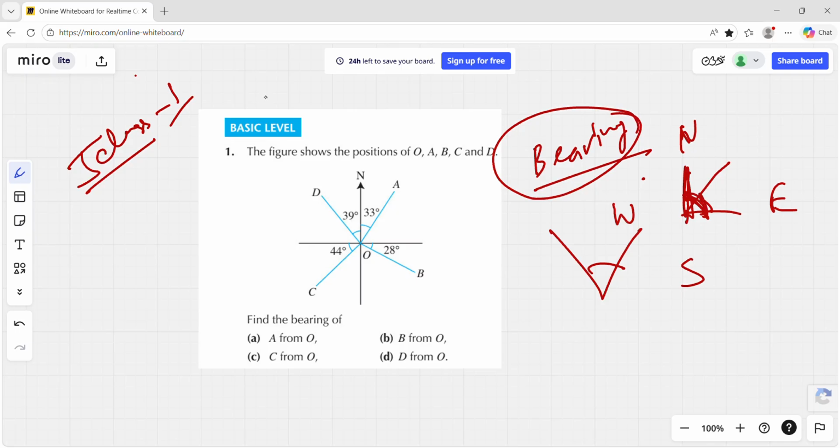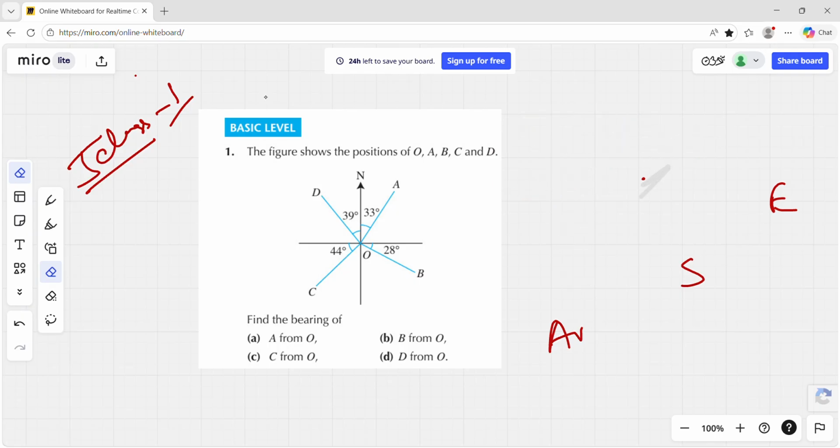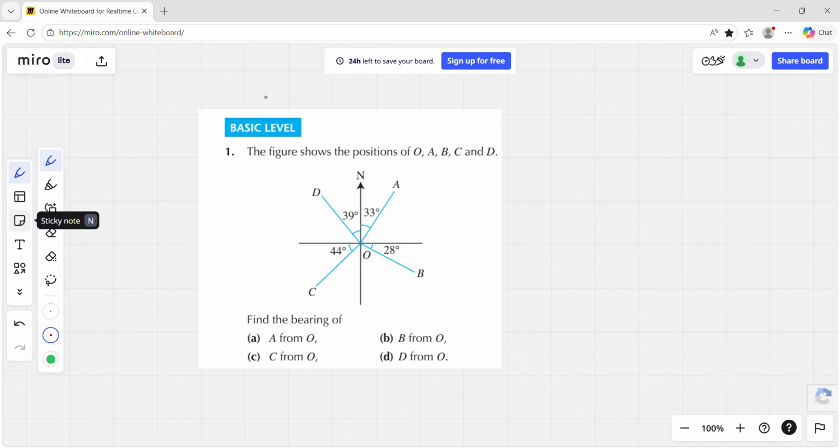In terms of aviation, where navigation happens, they count these values in degrees, so that it is easy for them to identify the direction whenever they go over the ocean. But we have to understand the rules for how to solve the problems, because if you are a navigator, you can use it.